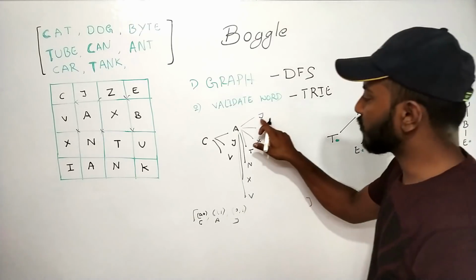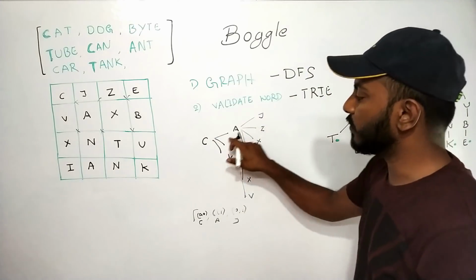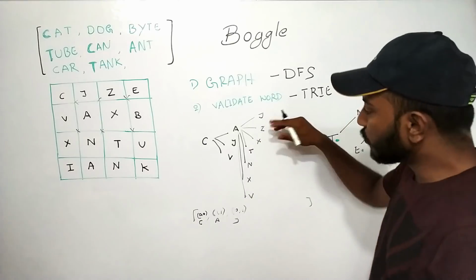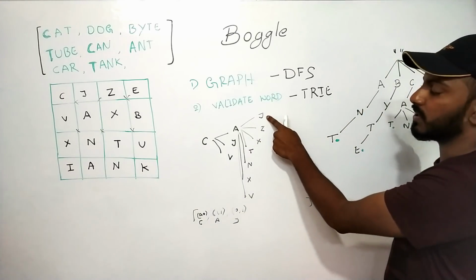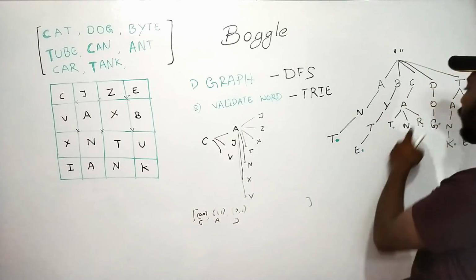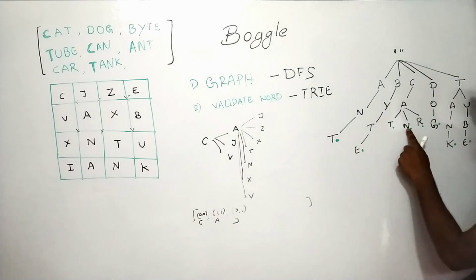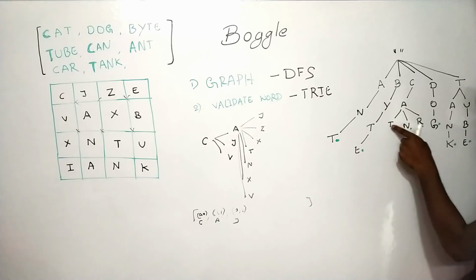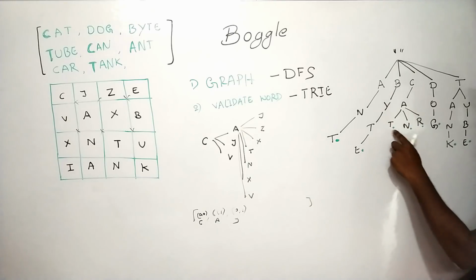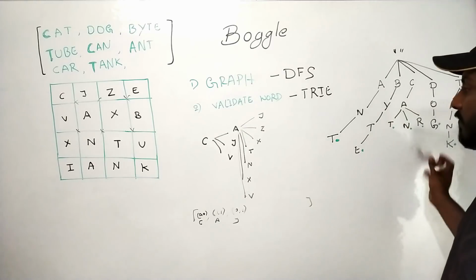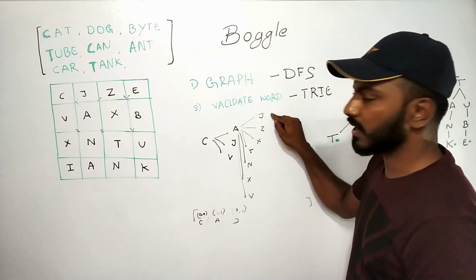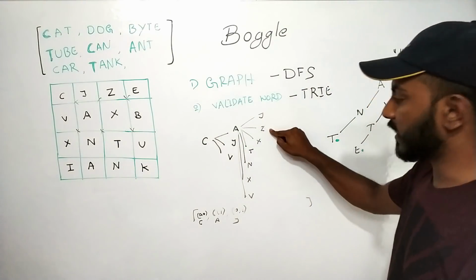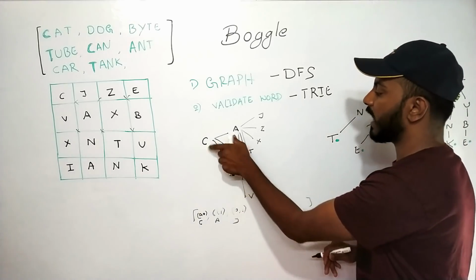That means this combination is not a valid word, and there is no point in traversing ahead from this particular node, because we don't have any growing tree from CA and there is no entry of J. That means there are no valid words available. So there is no point in doing this. So stop the traversal and go to the next possible, that is CAZ.